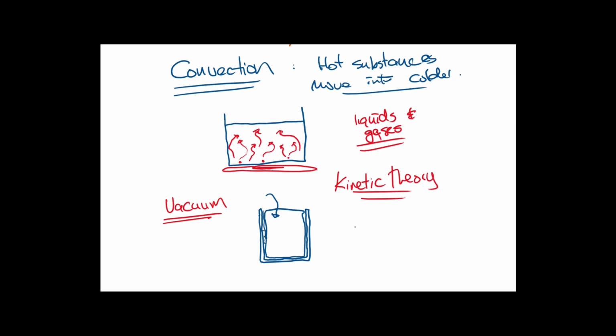There are no particles there to hit. So here are the particles, and they're hitting here, and if there were particles there, it would cause particles in there to move and hit the other side. But if there's no particles there, there's no way to propagate this heat.